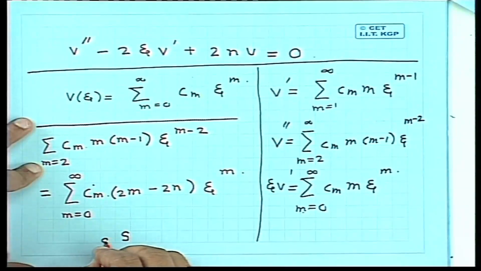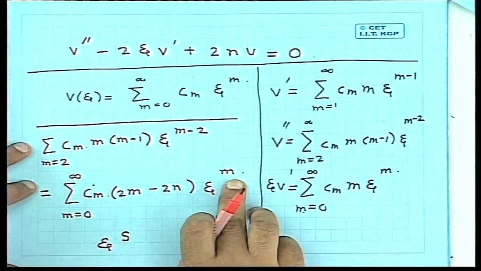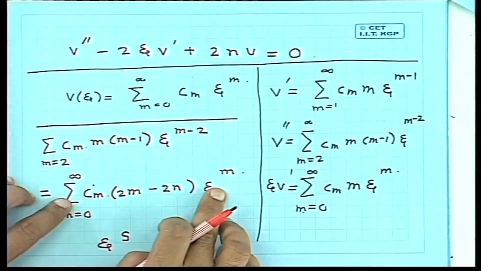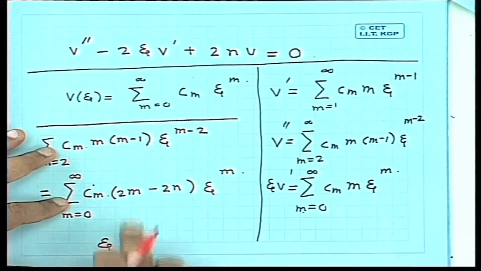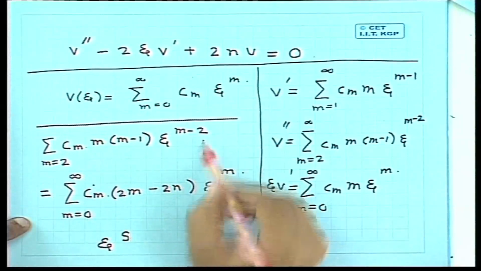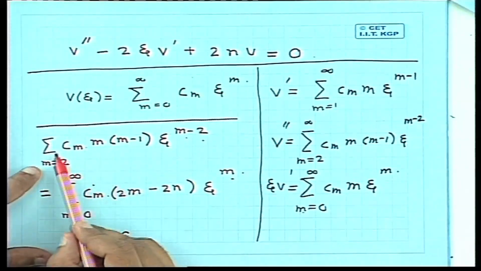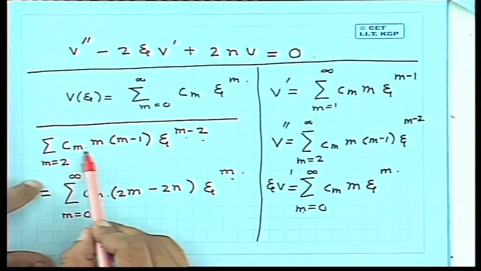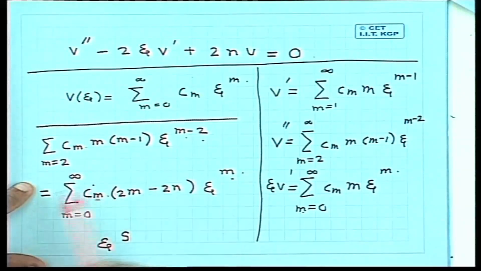So let us look at the coefficients of xi to the power of s. If m is equal to s on the right hand side, then m minus 2 should be equal to s on the left hand side, so here m should be equal to s plus 2.